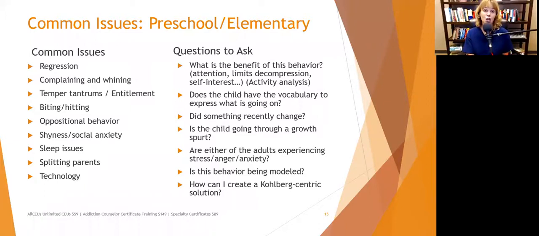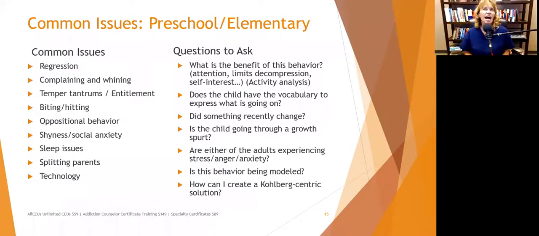And if mom says no, they turn around and go to dad and say, "Can I go to Johnny's on Saturday?" And if dad says yes, then they are pitting the parents against one another. I had clients that used to do this in residential treatment all the time. And technology is another issue. Parents arguing about how much time on technology is appropriate and children not wanting to be separated from it.